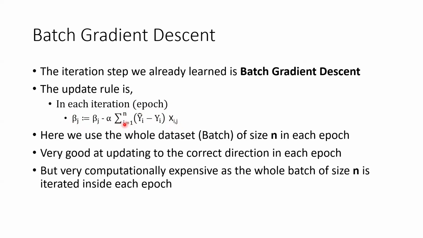So from i equals 1 to n, that means for all the data points, you have to calculate this error and these variables. Suppose you have 100,000 data points. So now n is 100,000. For each parameter update, you have to add these errors multiplied by the x values 100,000 times, which is very expensive, right?